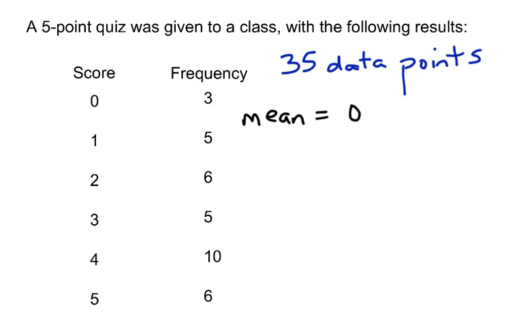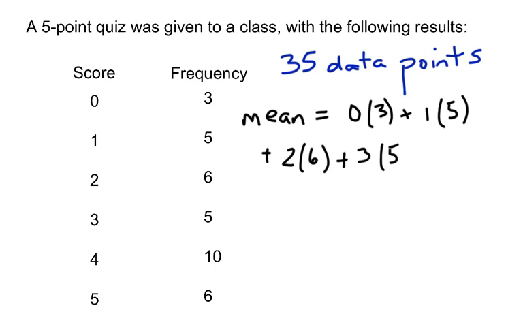So the score of 0 happened 3 times, and the score of 1 happened 5 times, and the score of 2 happened 6 times, score of 3 happened 5 times, score of 4 happened 10 times, and the score of 5 happened 6 times.